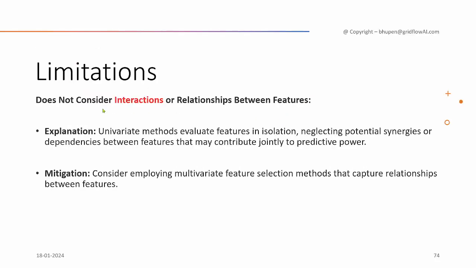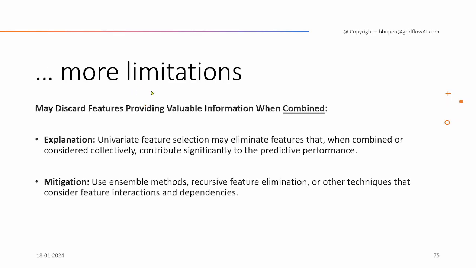But there are some limitations of this method. Firstly, we are not treating the columns together. So if you have interactions, let's say a couple of columns that are useful when they interact together, that's not something we do in univariate feature selection. Since we are treating every column independently, we may end up discarding features that, if combined, would probably give a better result.